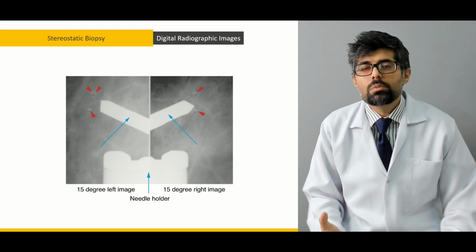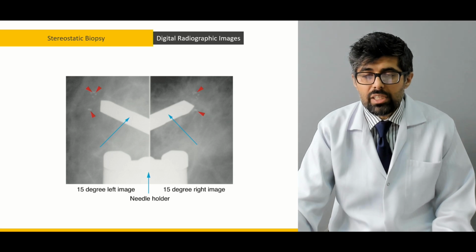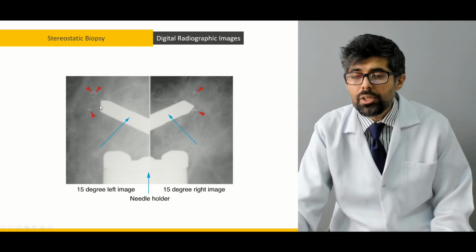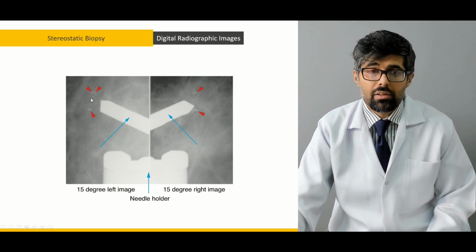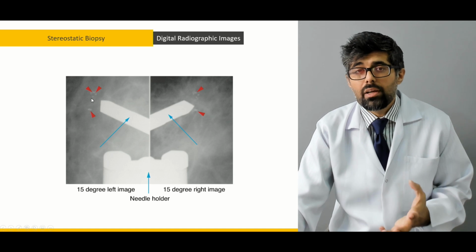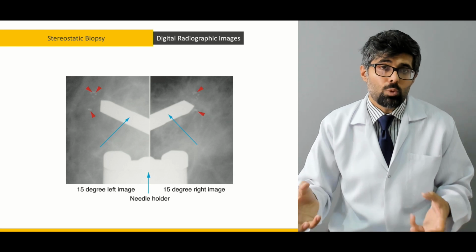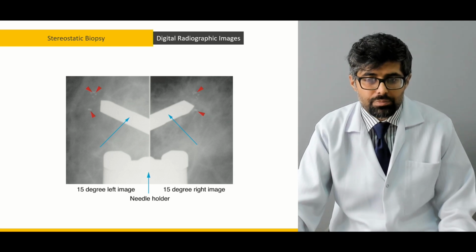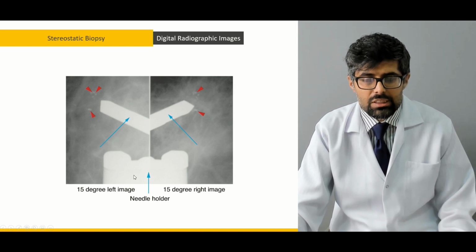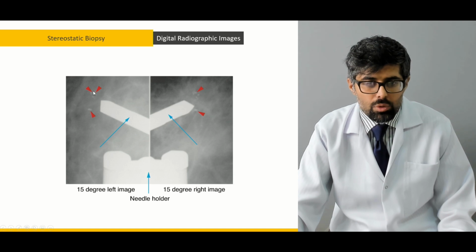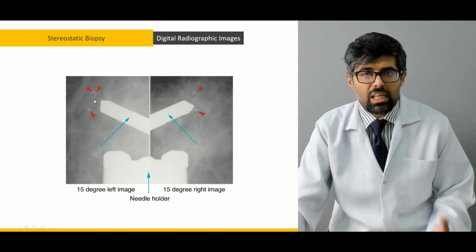Now, one of the types of biopsies is called stereotactic biopsy. These kinds of biopsies are usually done when either the mass is very small or it is calcified. Stereotactic biopsy is when the guidance system has more than one probe. In this example, you can see that this is the needle, this is the needle holder, and this needle holder is going for this mass to collect it for examination.